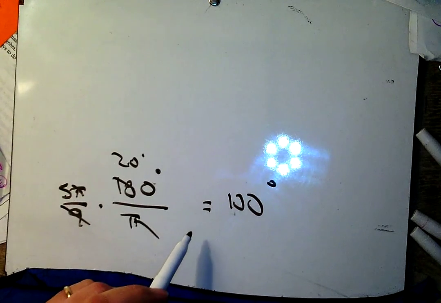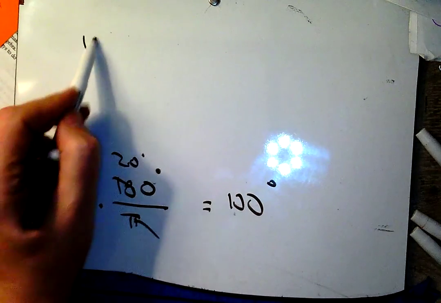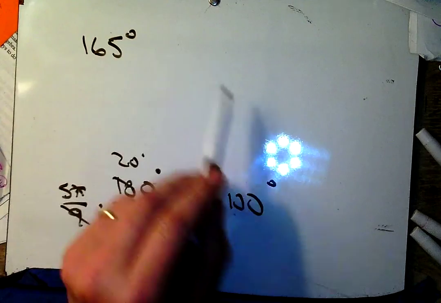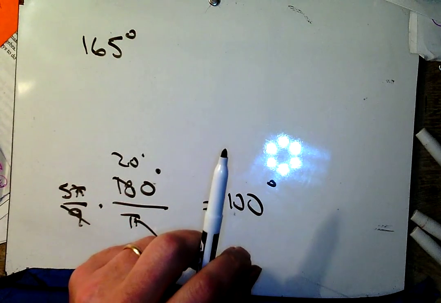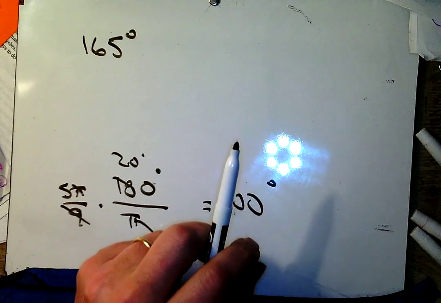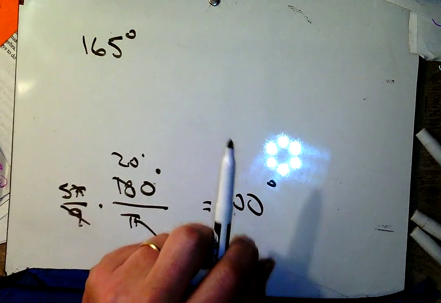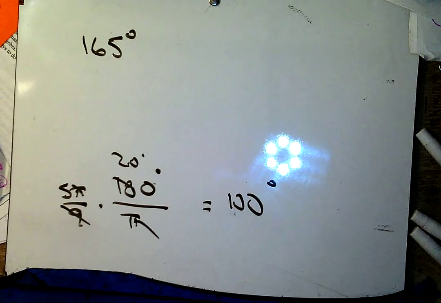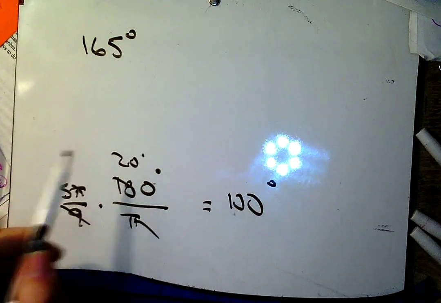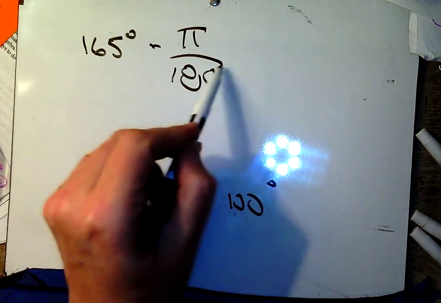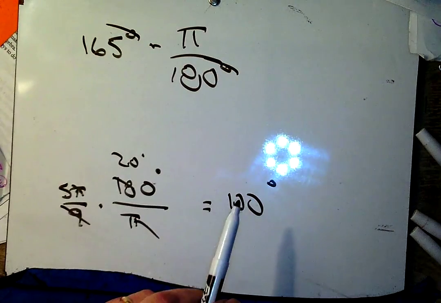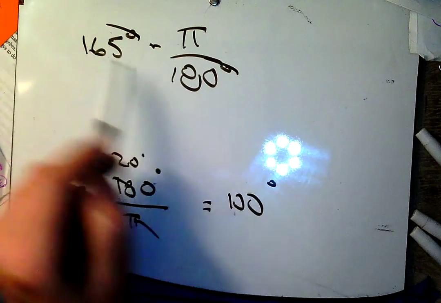Interesting. Okay, and what about 165 degrees? How can I convert that to radians? Convert 165 degrees to radians. Times pi over 180 degrees. We need those units to cancel. 5 goes into both of those.